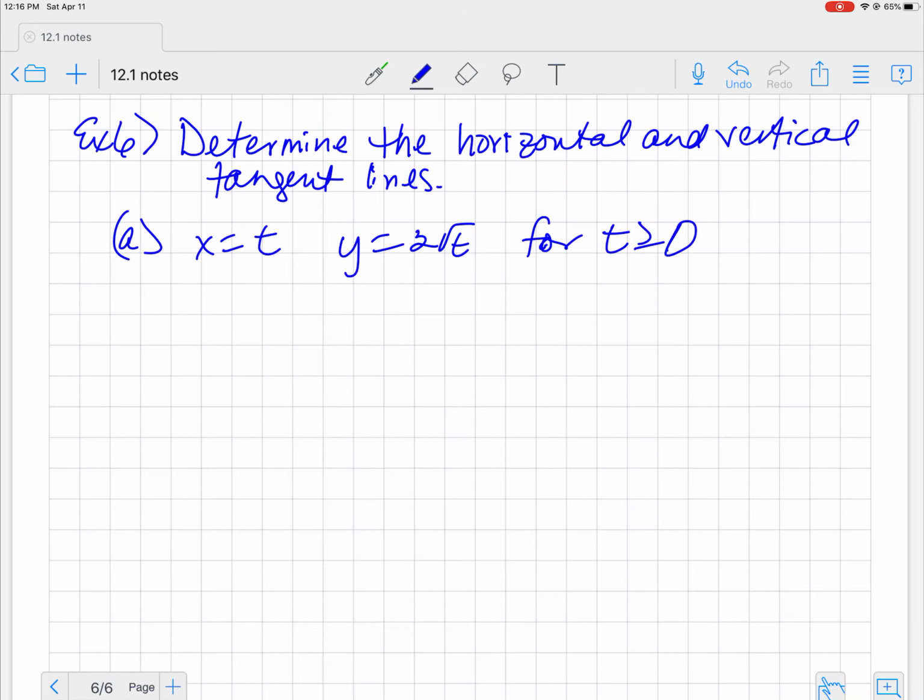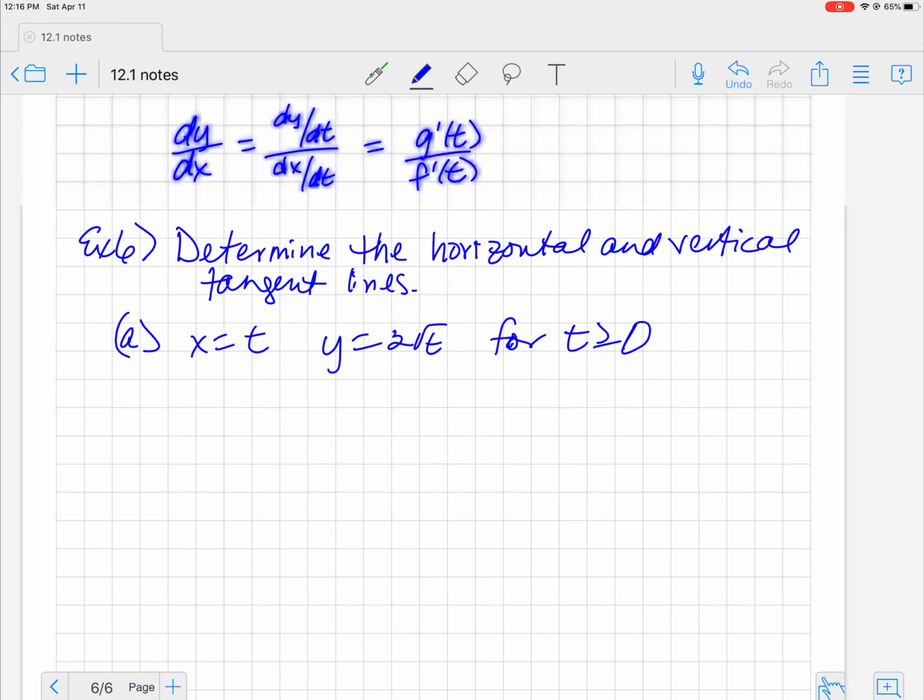Your horizontal tangent happens when your derivative equals 0. So let's write that out so that we can remember this. Horizontal tangent is when your derivative equals 0. Your vertical tangent is when your derivative is undefined.